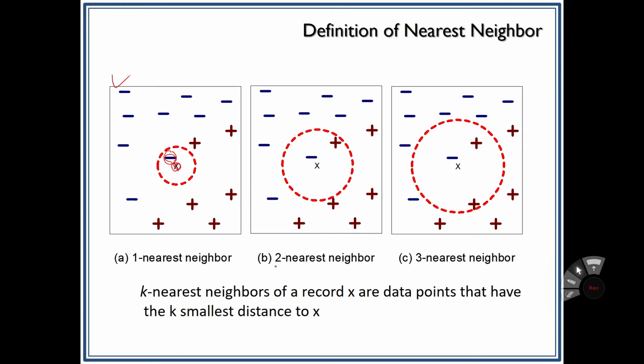In the case of two nearest neighbors, we find two nearest neighbors, and because one has a negative class label and one has a positive class label, it is a tie, so we just randomly assign a class label to this new object.